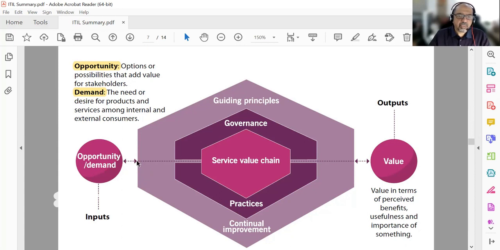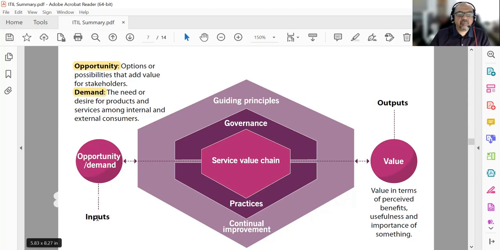Why? Because sometimes we create this opportunity, we create this demand, we invented touch screen phones, we invented Bluetooth, we created new drink, Coca-Cola, 100 years ago. So we can create this demand, we can create this opportunity, we can affect that.